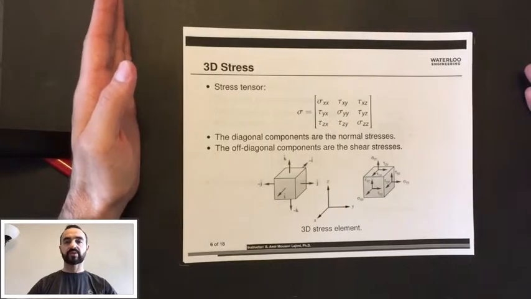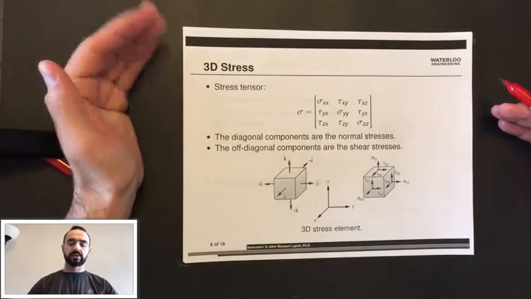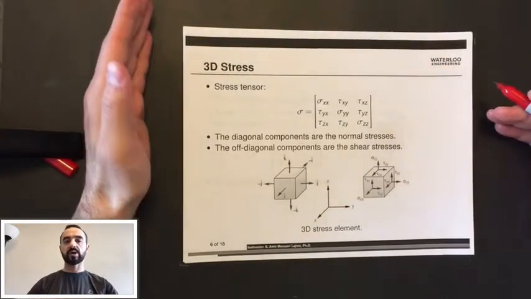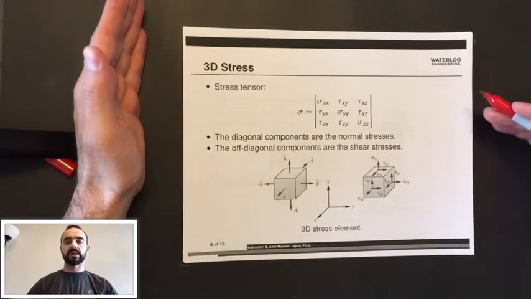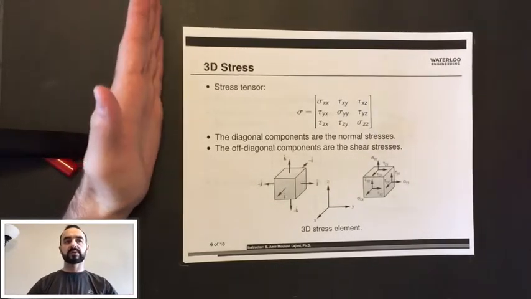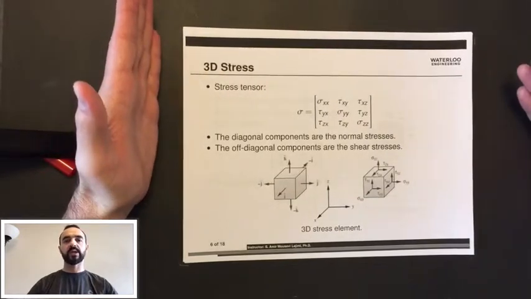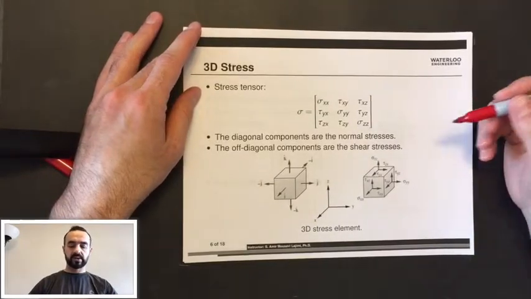So we use a 3x3 tensor to describe stress at the critical point. Again, we have already identified the critical point, although you can define a stress for any point in a mechanical element.